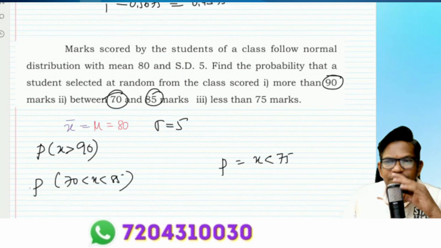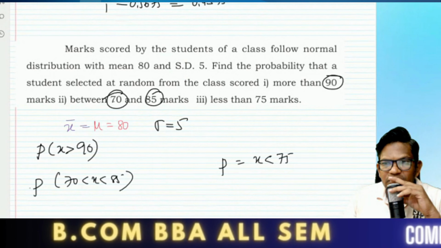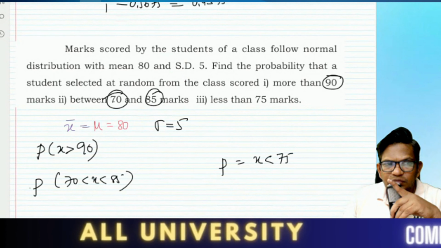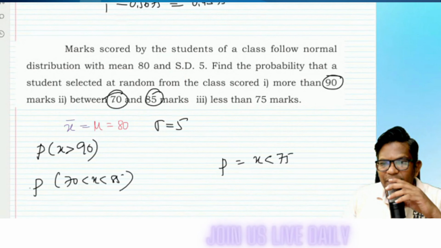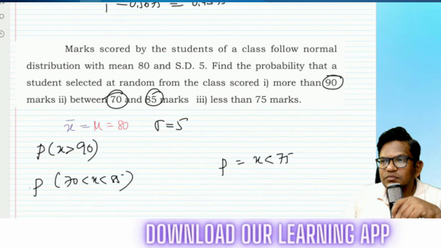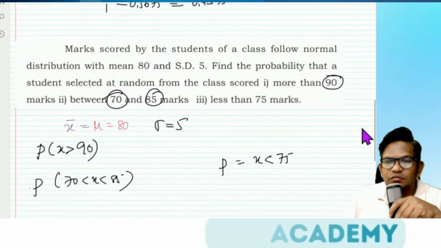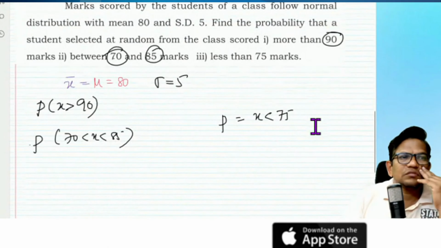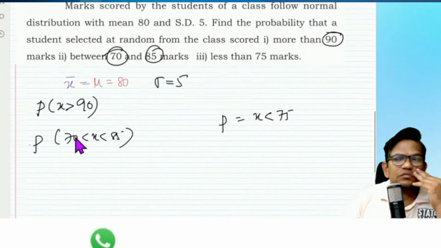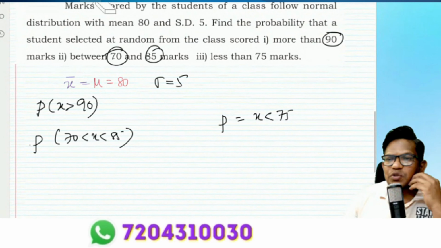Can you do it? You must solve it. I'll give 2 minutes time. Try to solve this.